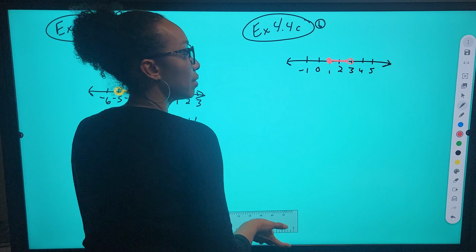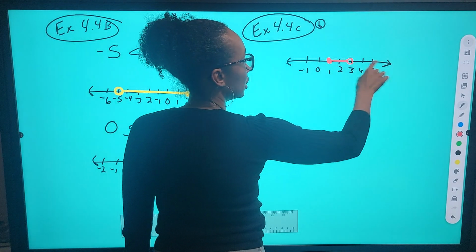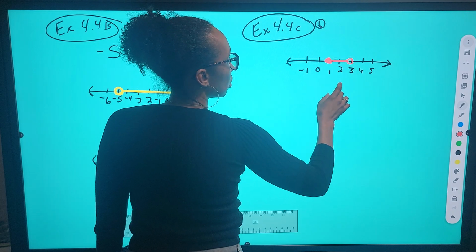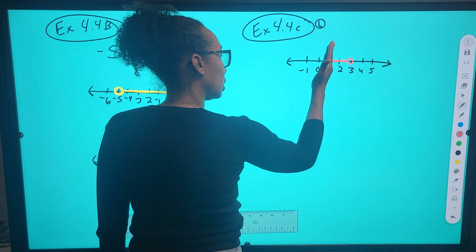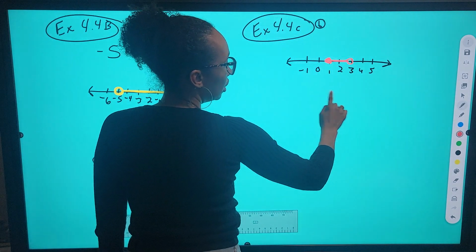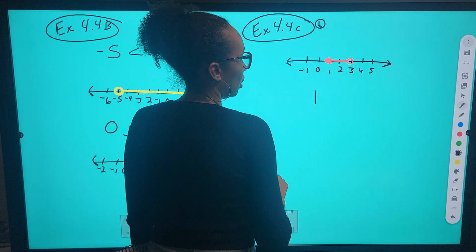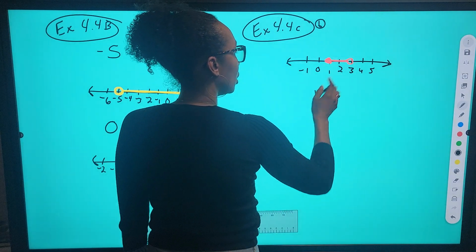All right, so we know we have a compound inequality because it did not shade all the way to the arrows, okay? So here we go. We're going to start with kind of reading it left to right. We're going to start here. We've got 1. And we know that it could be equal to 1, right?